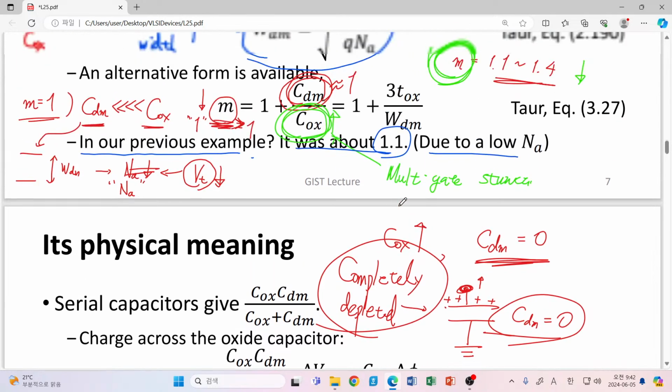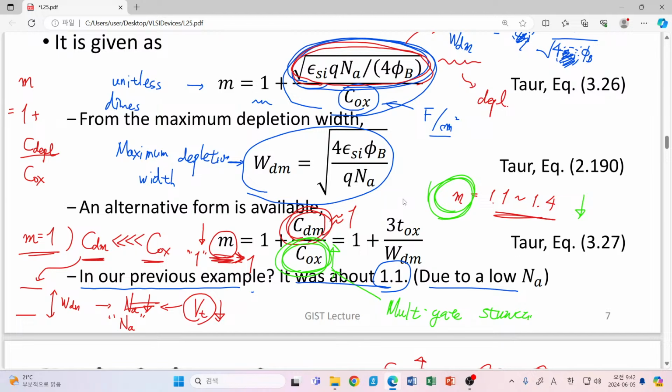Then it means that now we have just a number close to 0, so m goes to almost identically 1. Then once again you can ask me this question: is it real? It is too good to be believed, because by just introducing quite a thin silicon substrate, we can ideally improve our m values.